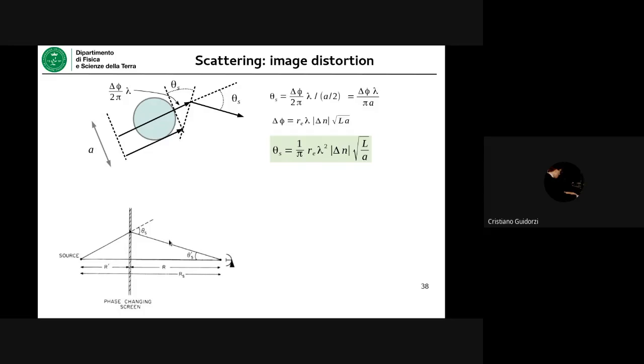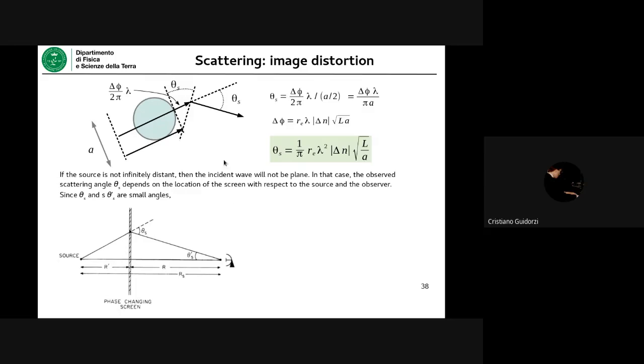So you have to correct: what you measure is theta s prime, not theta s. This figure shows angles which are pretty large, but that is just for the sake of clarity. You should assume that both theta s and theta s prime are very small angles.